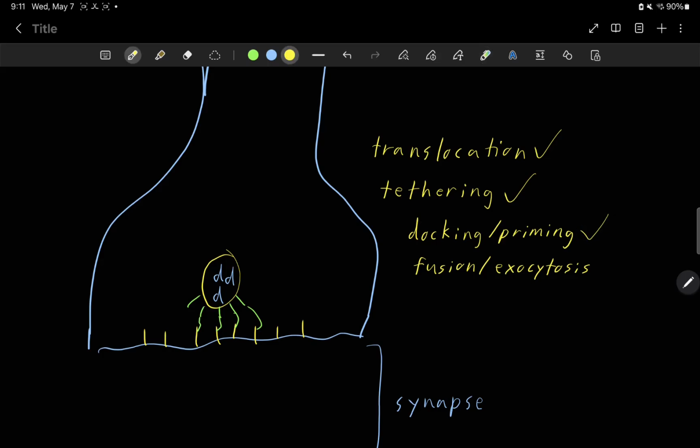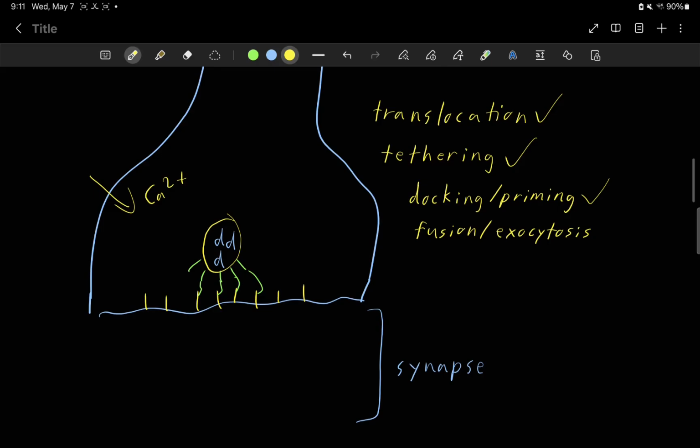And then with fusion and exocytosis, basically first what needs to happen is calcium ions need to enter the neuron. And then when calcium ions enter, this can trigger the final step of fusion and exocytosis. So what happens is your vesicle membrane basically fuses together with your cell membrane, and this results in your messenger molecules being released from your cell.